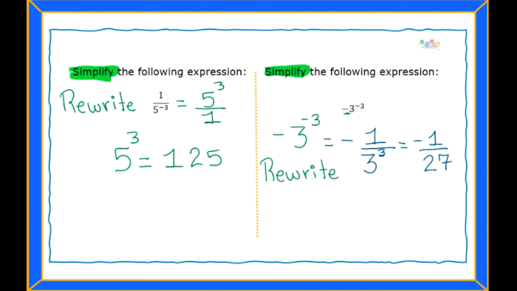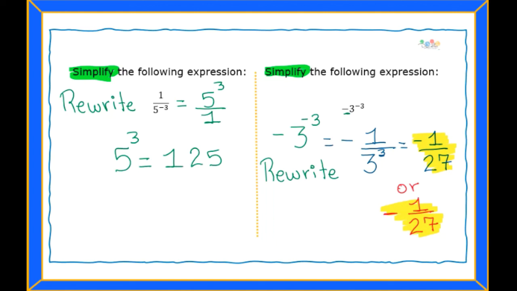So you can either write it like that, negative 1 over 27, or you can rewrite it as a negative in the front and then 1 over 27. Either way, it's correct.